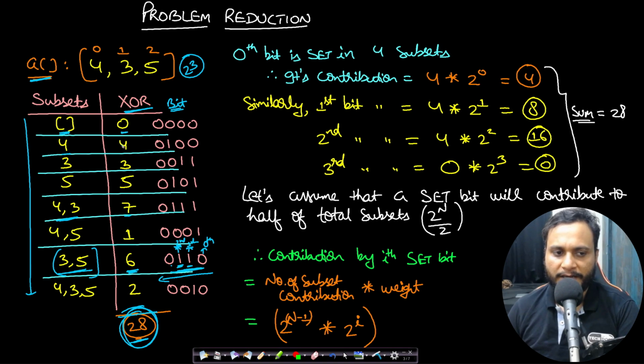So instead of adding all these values one by one, you can also say that in how many subsets this 0th bit is contributing, plus in how many subsets the first bit is contributing, plus in how many subsets the second bit is contributing, third bit is contributing, and so on till the maximum number of bits.